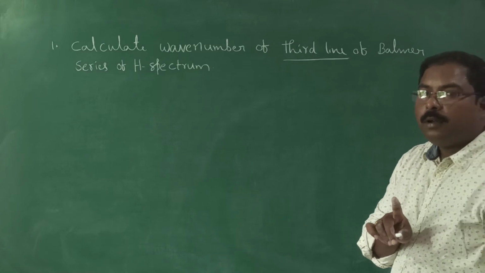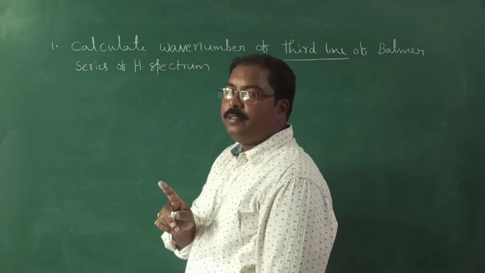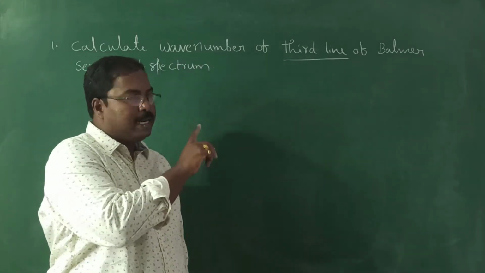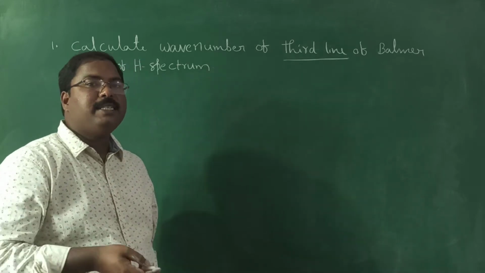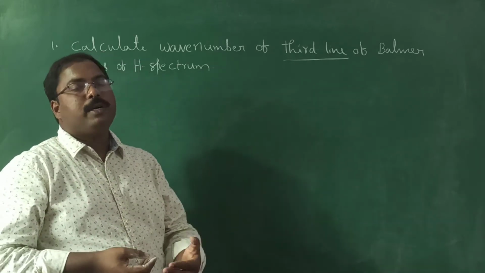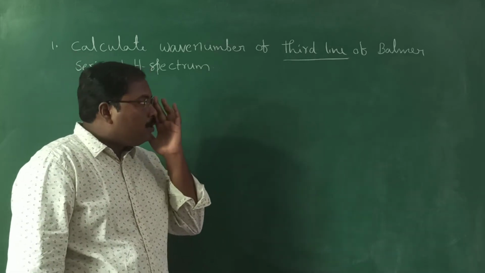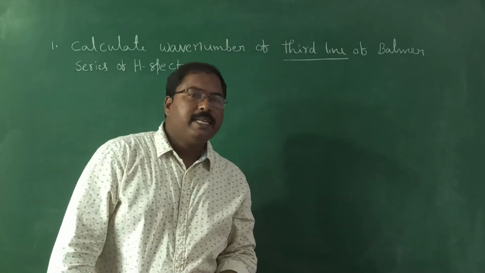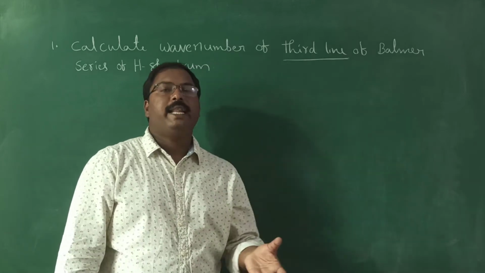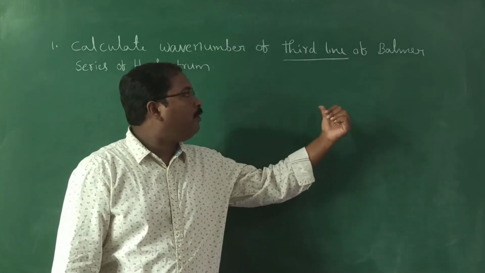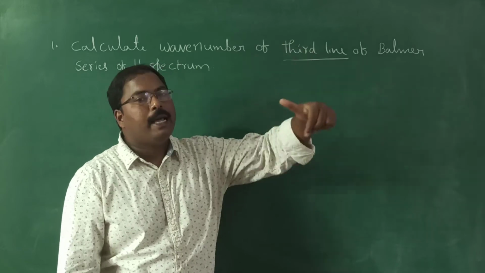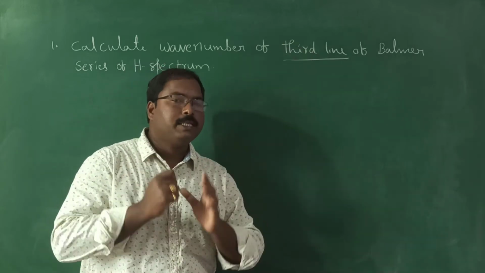I told you, from a competitive exam point of view, they don't give N1 and N2 values directly. Because if they give, a below average student also will solve that question in the exam. So in the majority of cases they give it indirectly. Here, what way have they given? Third line of Balmer series, that is the information they gave.